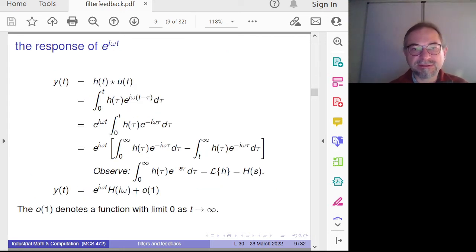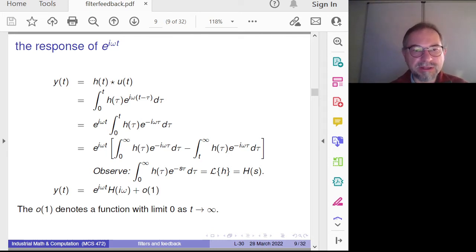Now let's look at the response of such an exponential, which is computed by taking the convolution operator, so the continuous convolution operator that we defined at the very beginning on the first slides.